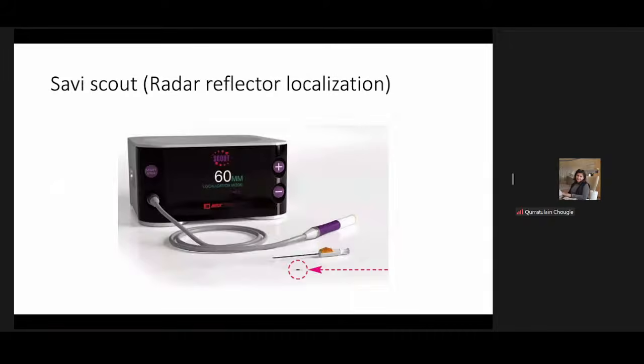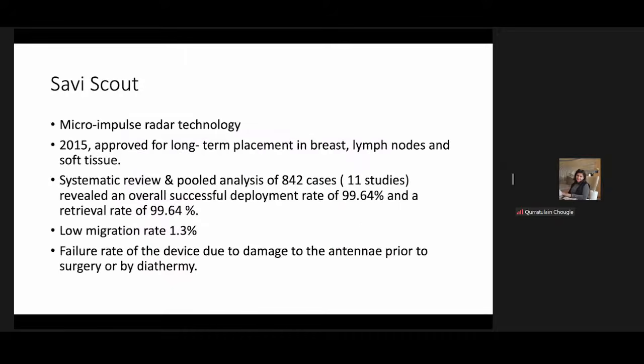Coming to Scout, which uses radar reflector localization, micro impulse radar technology introduced in 2015, safe to be used in breast, lymph nodes, and soft tissue. There was a systematic review of 842 cases, which revealed an overall successful deployment of 99.64% and a similar retrieval rate. And there is a low migration rate of 1.3%.